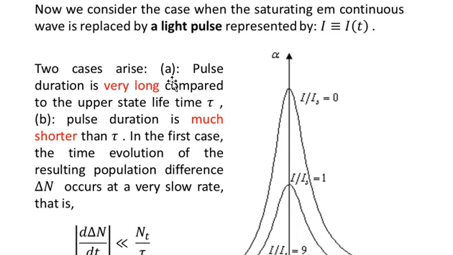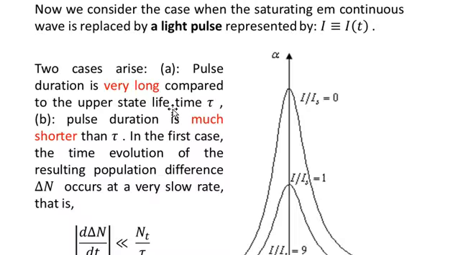Now there are two possible cases that we can discuss. Case A: the pulse duration is very long compared to the upper state lifetime tau. Here tau is the upper state lifetime under spontaneous emission of the upper state level, that is level number 2, and our pulse duration is very long compared with tau.